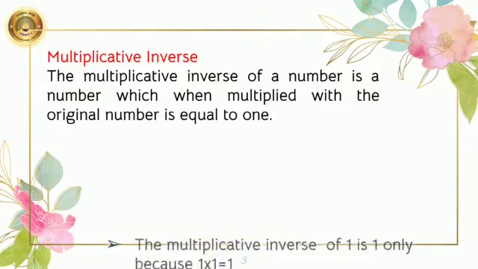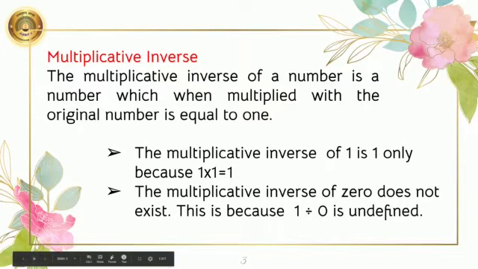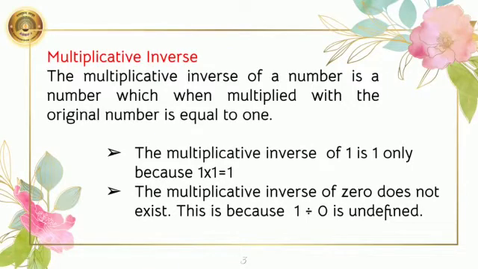Please note, the multiplicative inverse of 1 is 1 only because 1 into 1 is 1. And also, the multiplicative inverse of 0 does not exist. This is because 1 divided by 0 is undefined, or division by 0 is undefined.